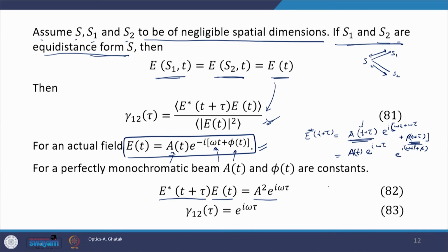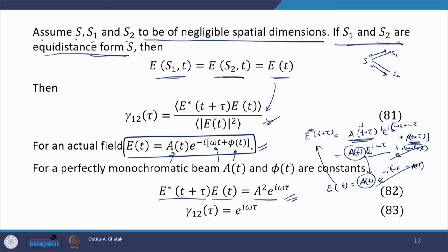Similarly, for E(t), it would be equal to A e to the power i(omega t plus phi(t)). Now, it is a complex conjugate here, therefore it would be plus here. If you multiply these two functions, this function will go away, and we would be left with A square and e to the power i omega tau, which is given in equation 82.